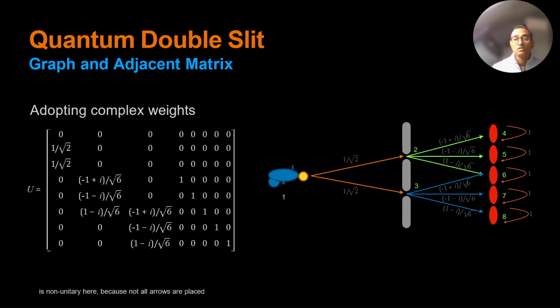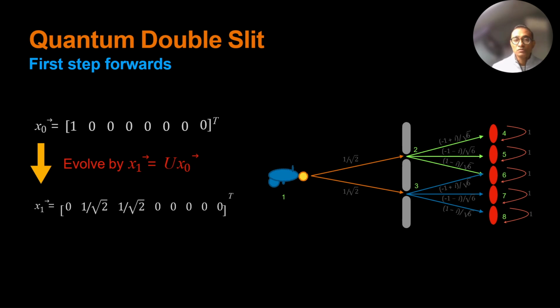The difference now comes from when the particle exits from slit positions 2 and 3 with their complex amplitude coefficients, and there you will see that they will strike with a different amplitude coefficient setup on the vertices 4 till 8.